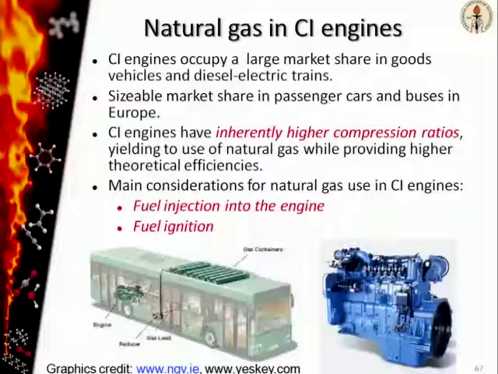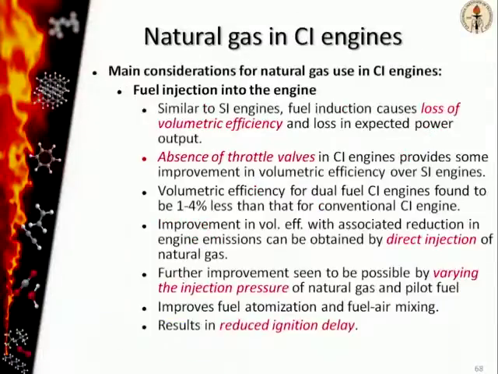Finally, the major considerations for the use of natural gas in compression ignition engines are two things. One is fuel injection, and the second is fuel ignition. If you consider fuel injection, you essentially run into the same sort of problems that you had with gasoline engines, in that the use of natural gas results in a loss in volumetric efficiency. One of the good things about diesel engines is that there are no throttle valves, so the volumetric efficiency of diesel engines is naturally higher than that of gasoline engines.